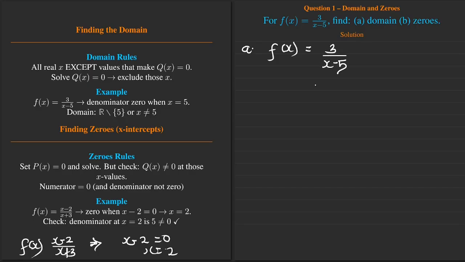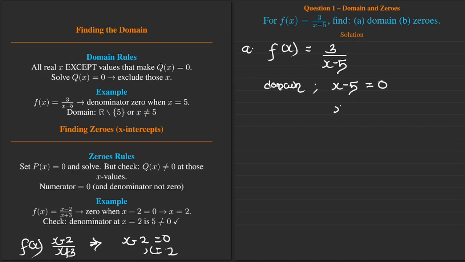You see? So if it is the domain we want, the domain will be all values of R except that which makes the denominator equal to 0. So for the domain, let's equate our denominator x minus 5 to be equal to 0.